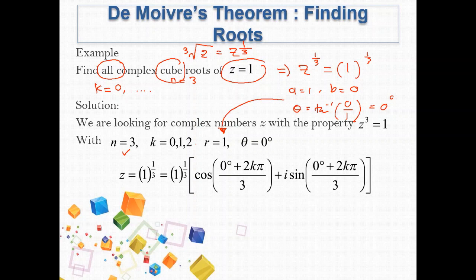Here we apply the second formula, which is in radian, because theta equal to 0 degree is special. Why is it special? Because it won't affect anything since you have 0. So 0 degree or 0 radian won't affect anything here.